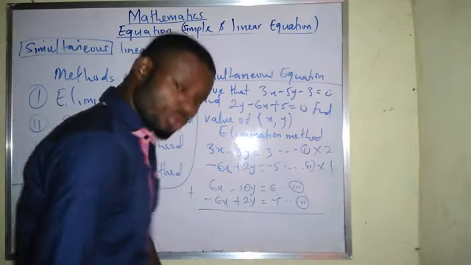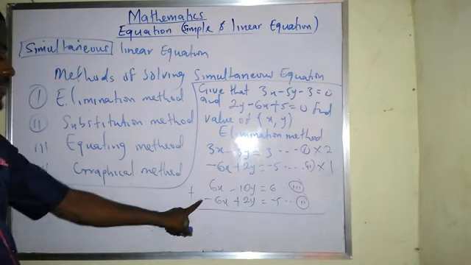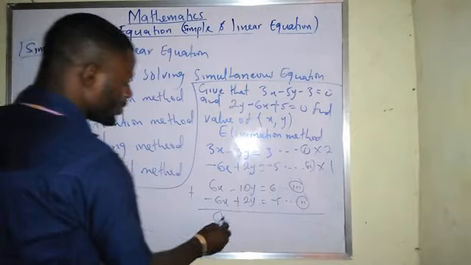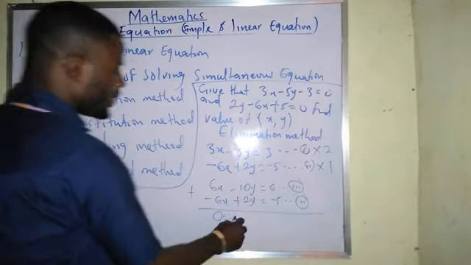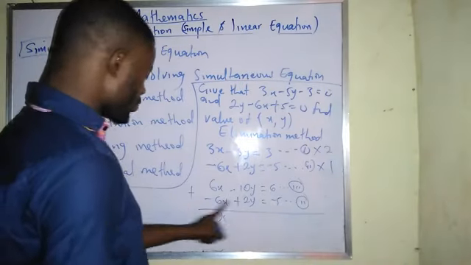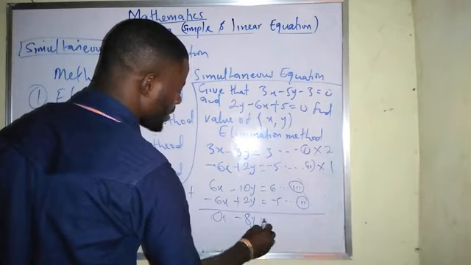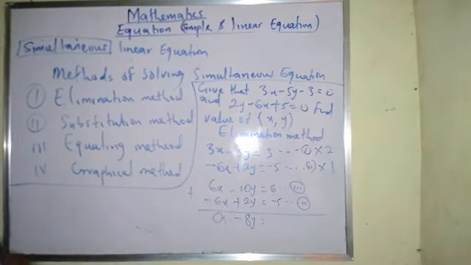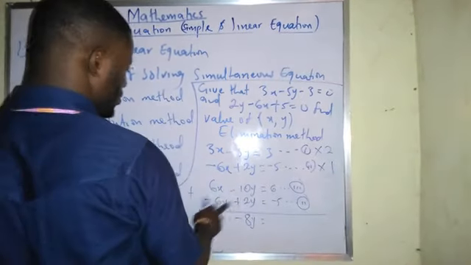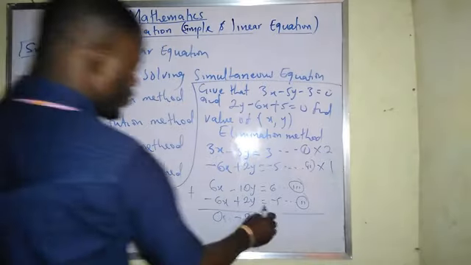I want to remove one of the variables. What am I removing? I am removing x. 6 plus minus 6 will be 0x, which is 0. Now, minus 10 plus 2 will be minus 8y equals 6 plus minus 5, which will be 1.